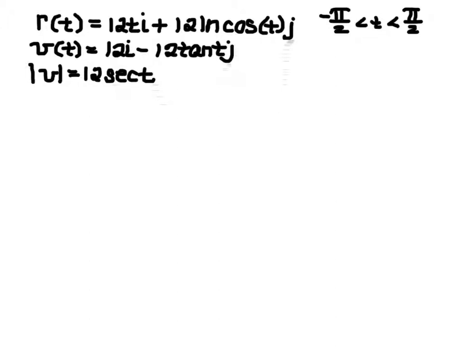We also found the unit tangent vector T of t to be equal to the cosine of t in the i direction minus the sine of t in the j direction. And we'll move that one up.